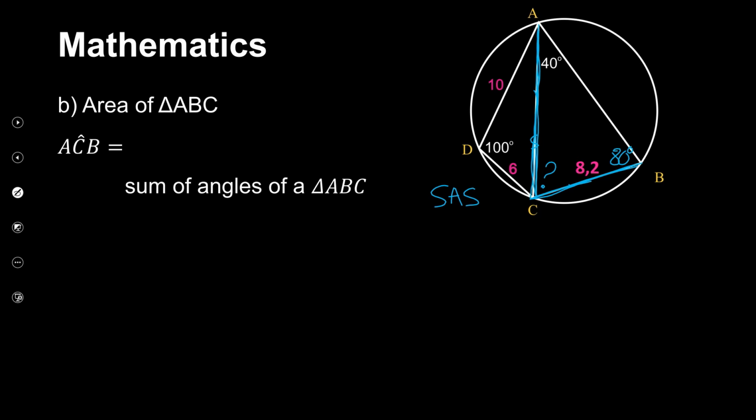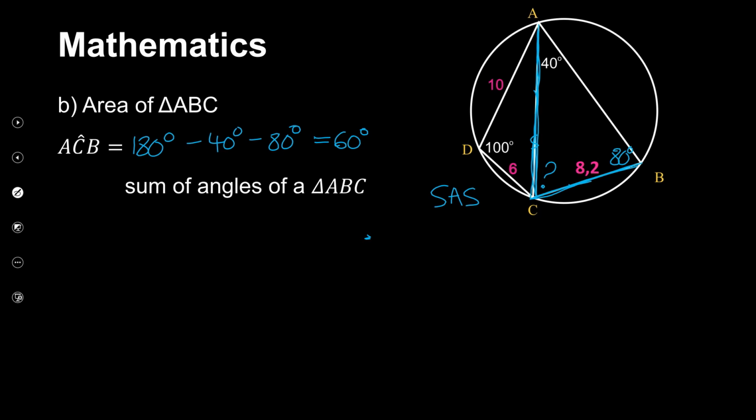Angle ACB will equal 180 degrees minus 40 degrees minus 80 degrees, and we're going to end up with 60 degrees. And that's just by doing the sum of angles in triangle ABC.